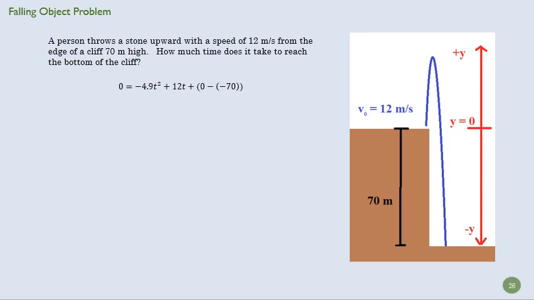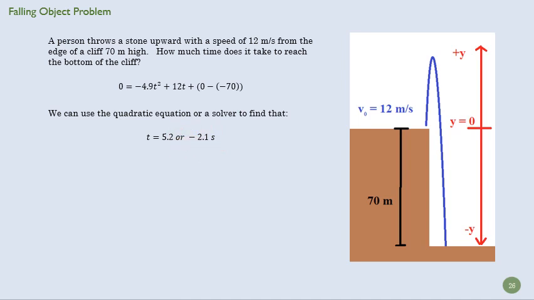Now, we could solve this by pulling out the quadratic equation, and you're welcome to do that if you'd like. I don't mind if you use a quadratic solver in this class. It's not necessarily an algebra class. And so you can solve that equation. And as we'd expect, we have two possible answers here, right? But one of them is unphysical.